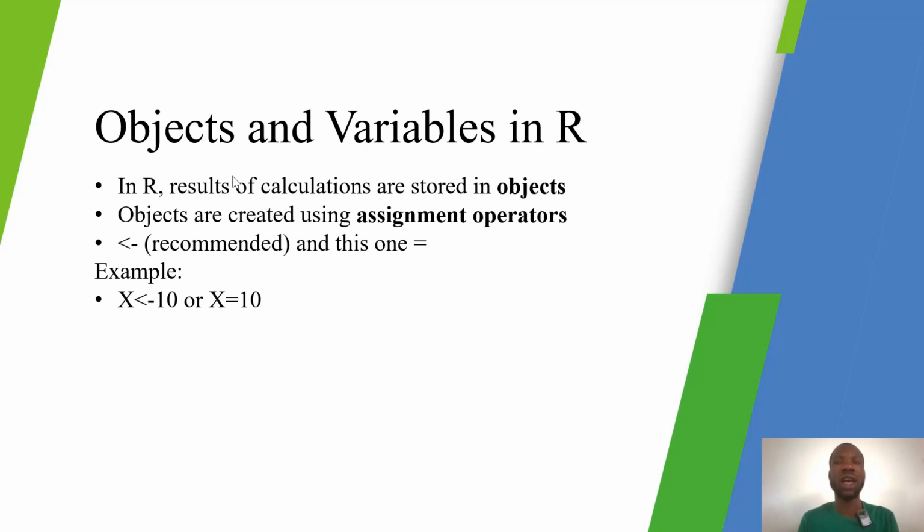The assignment operator is the less-than-minus sign or equals. For example, x equals, that equals is what we call the assignment operator, or you can use x less-than-minus 10, which is the same as the assignment operator.